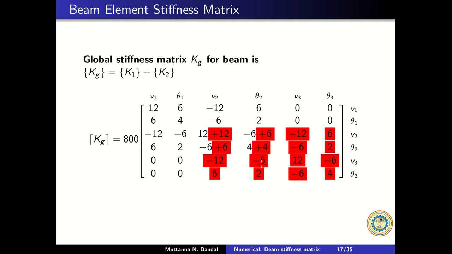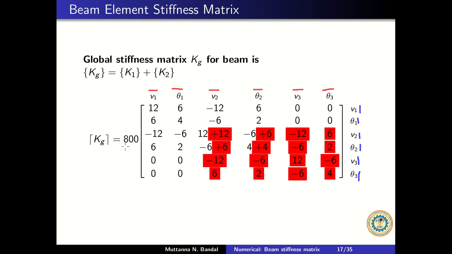assembling. So let's go for assembling of the stiffness matrix. Now the global stiffness matrix Kg is given by K1 plus K2. For that I will write first V1 theta 1, V2 theta 2, V3 theta 3, and V1 theta 1, V2 theta 2, V3 theta 3.